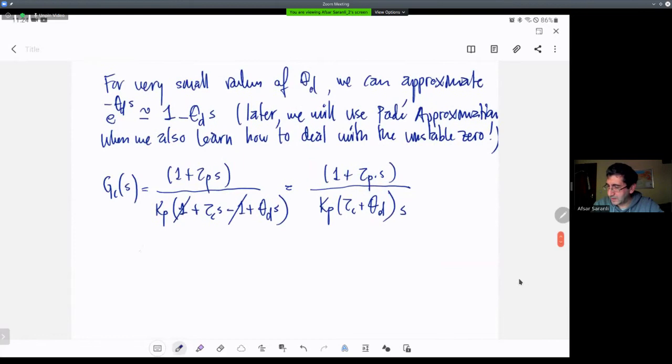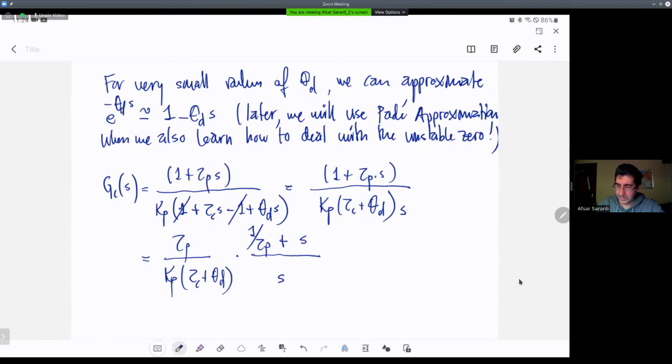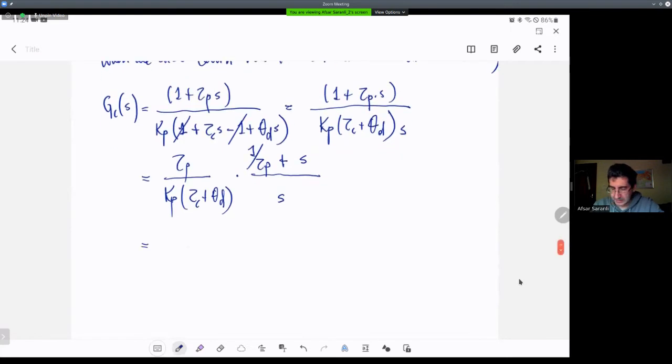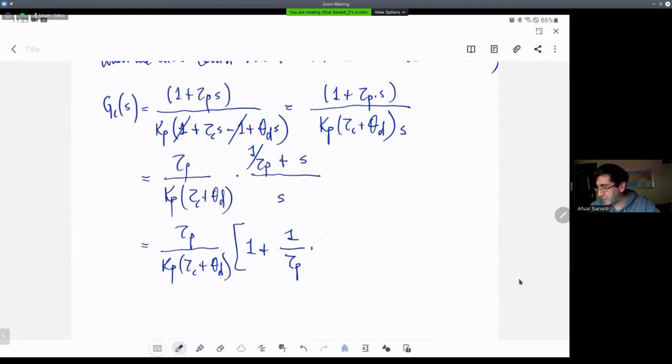So I can again separate these two terms, and that's going to give me tau p over Kp (tau c plus theta d), times 1 plus 1 over tau p s.